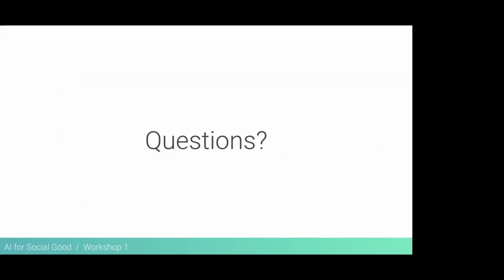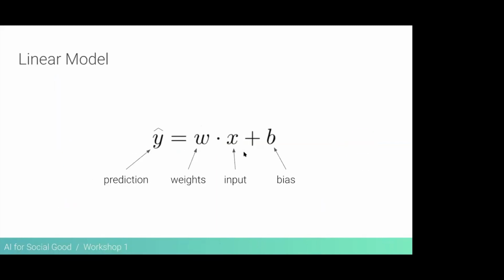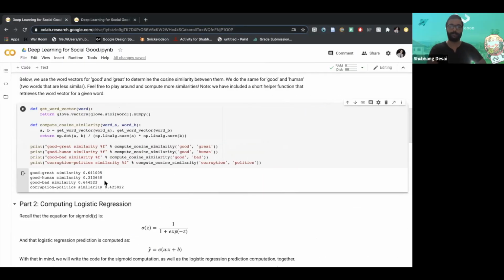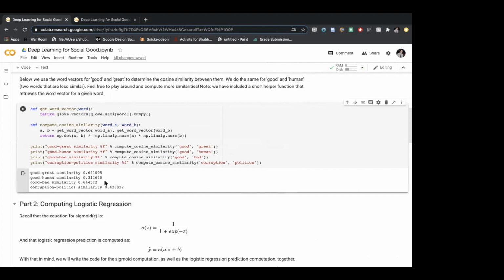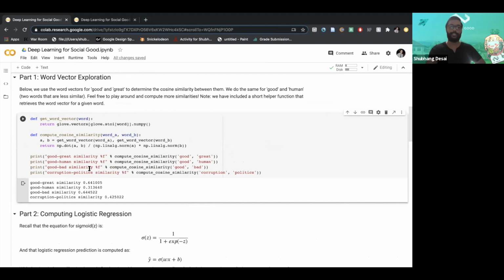I have a question about the first thing that we were doing with the two words. You know how the bigger the number was, the more similar the two words were? How do we get that number? Was that from how close they are on the grid? Yeah, that's a good question. So we're computing cosine similarity, and here you can see the code equation.